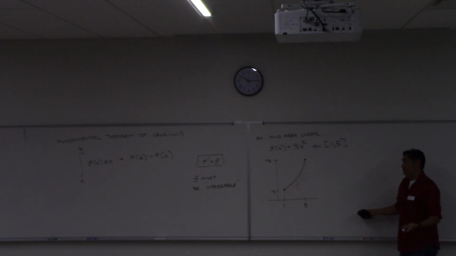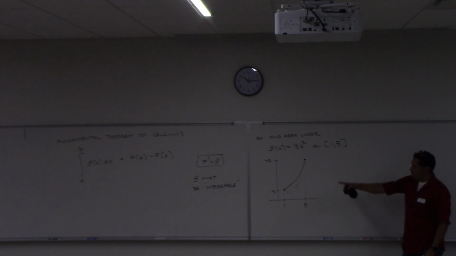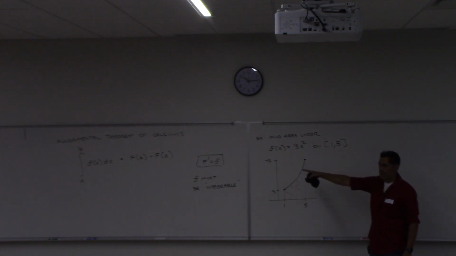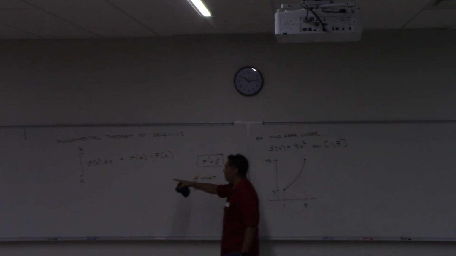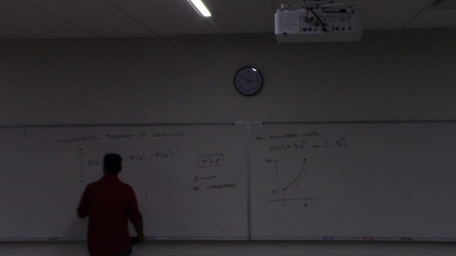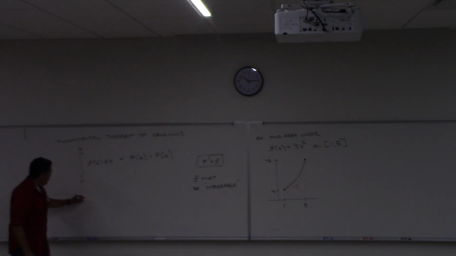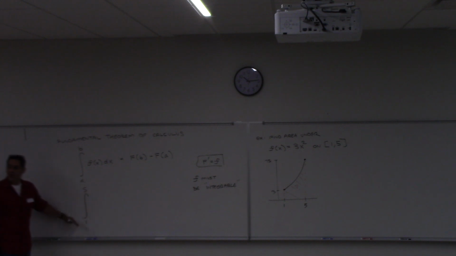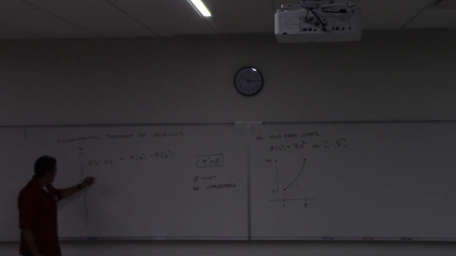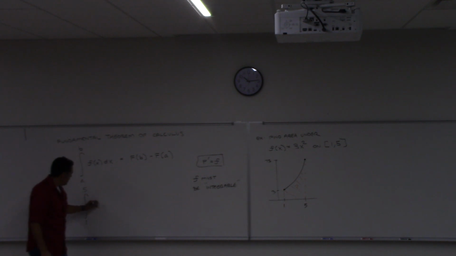Well, we have the fundamental theorem of calculus, don't we? For that example, it says if we want to find the area, we're going to use the integral. We're going to go lower limit of integration 1, upper limit of integration 5, from 1 to 5, right? And what's the function we're integrating? 3x squared, and then dx.